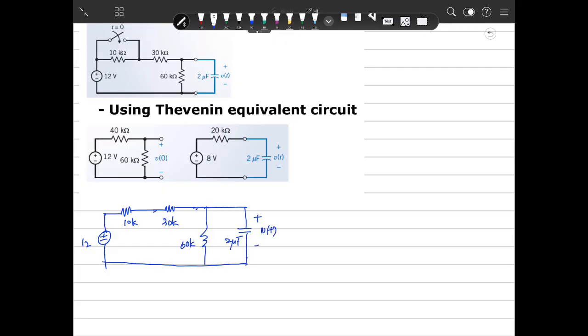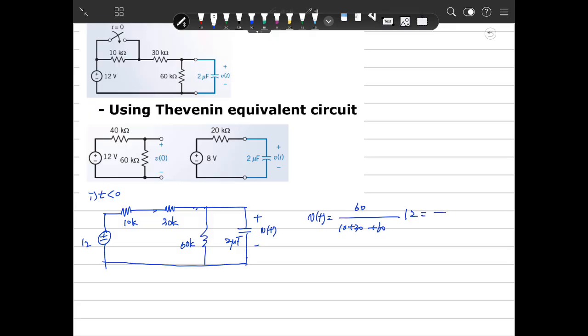Based on this, for the circuit at t less than 0, because this is the steady state, the capacitor is open, so v(t) will be 60 over 10 plus 30 plus 60 times 12.